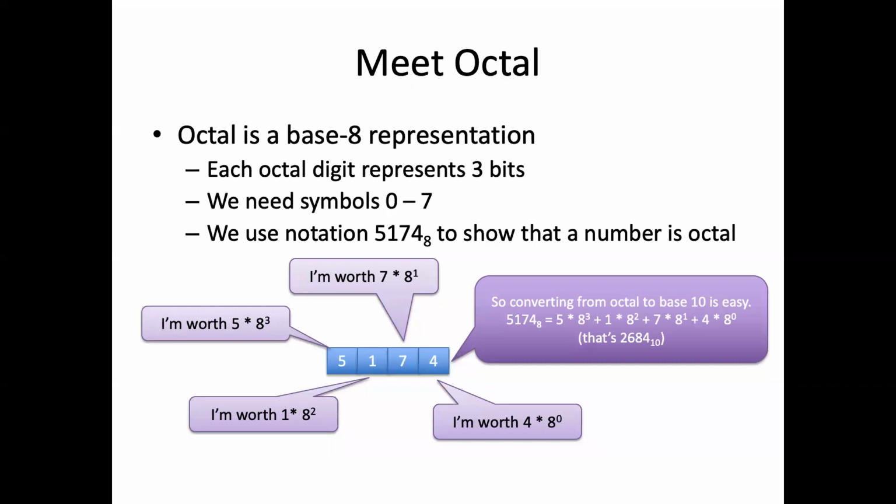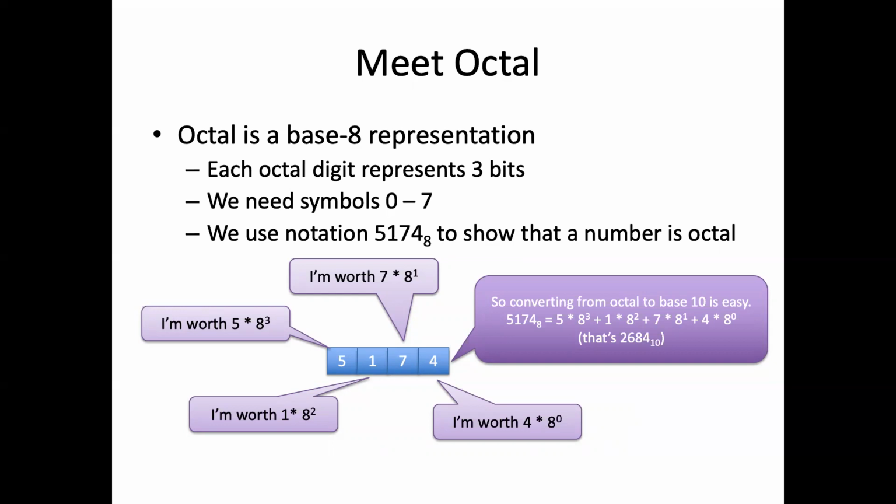In an octal number, every symbol represents 3 bits. Whereas in base 10, every digit can have a value 0 through 9, in base 8, every symbol we write down can only have a value of 0 through 7.